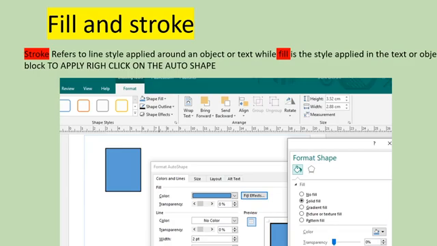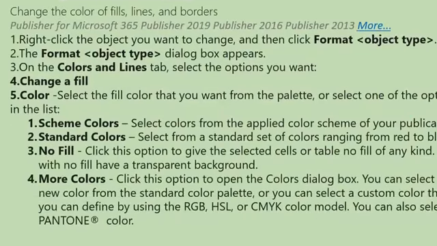You'll be in a position to see I have right clicked here, then go to format outer shape. You can see all you can do. Like for example, I want to do the filling, therefore I can just hit the fill effects, then I will be taken to this point: picture, pattern, gradient, solid, search. Therefore, to change the color of fills, lines, and borders, you are talking of Publisher.